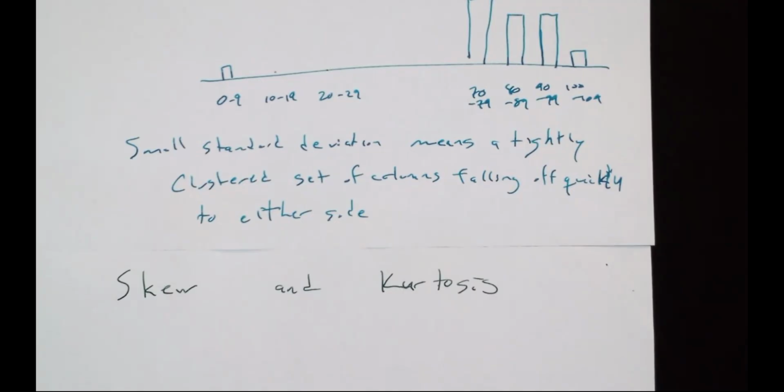I use skew way more than I use kurtosis. But these both really describe more pieces of the shape. Rather than just narrow or wide, skew refers to lopsidedness.